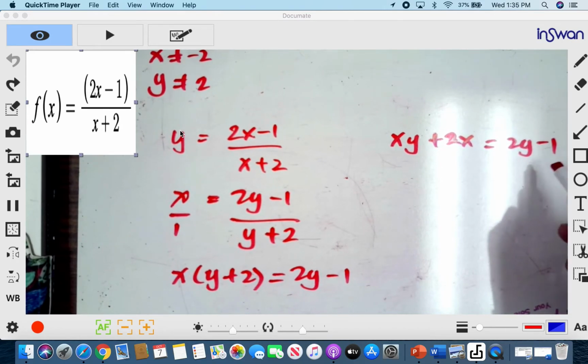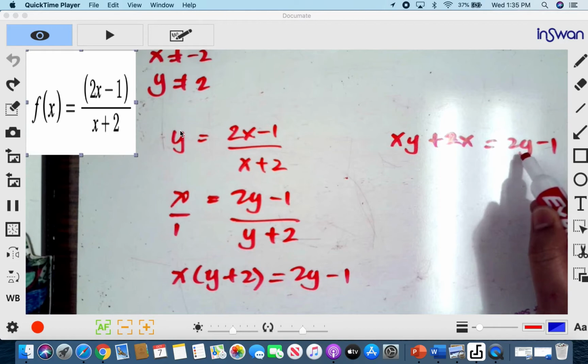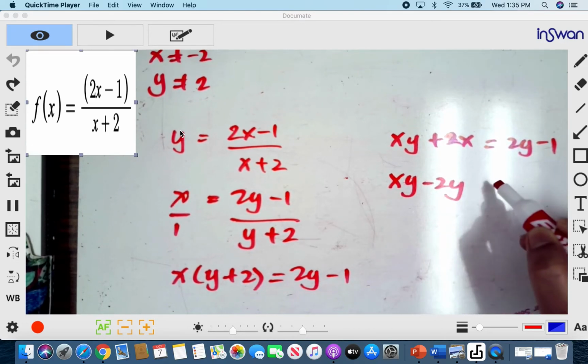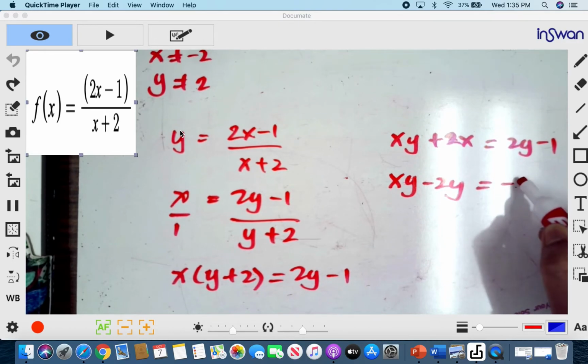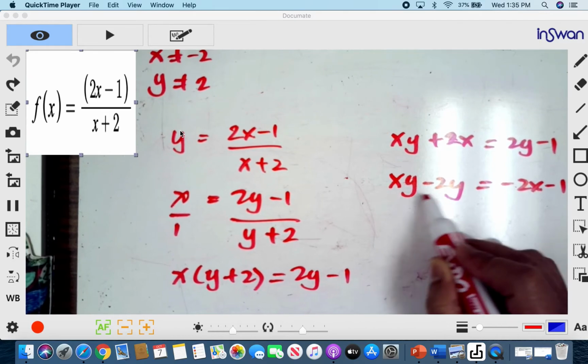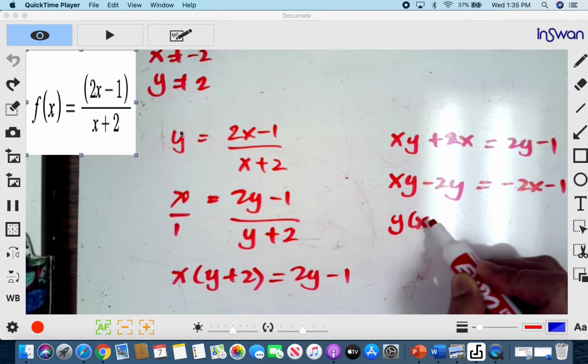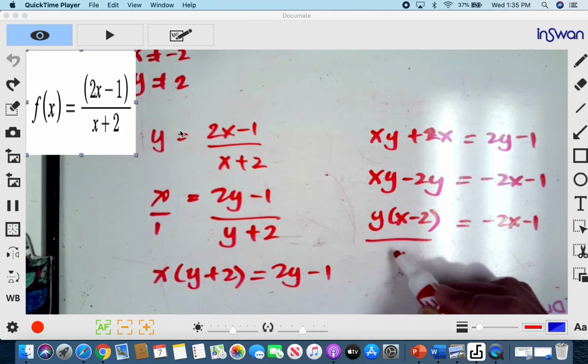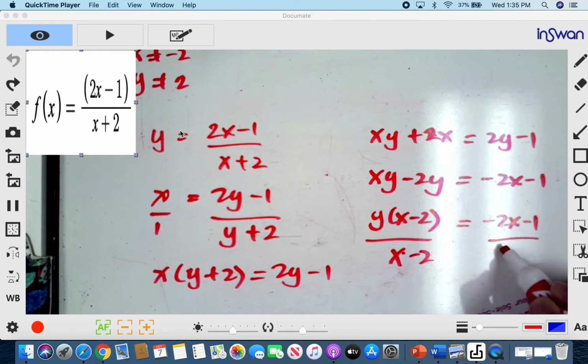Because we need to put the y terms together, 2y on the right moves to the left and becomes negative, and 2x becomes negative also. Then this can be factored with y, and you have y times (x minus 2) equals negative 2x minus 1. So therefore we divide by x minus 2, so that cancels.